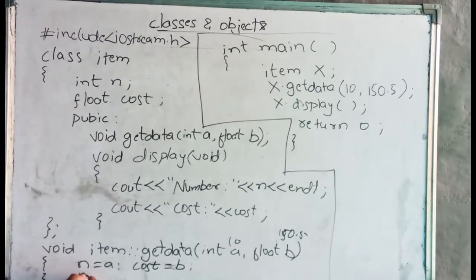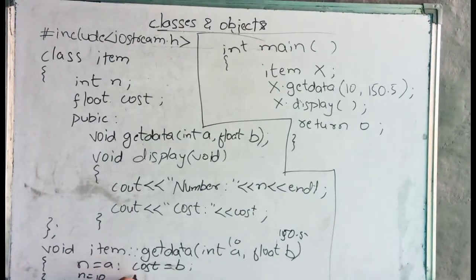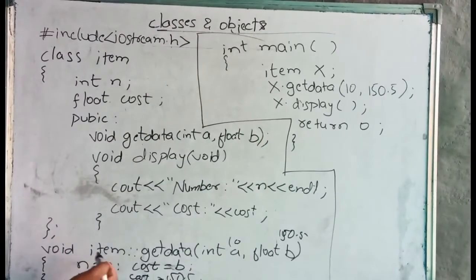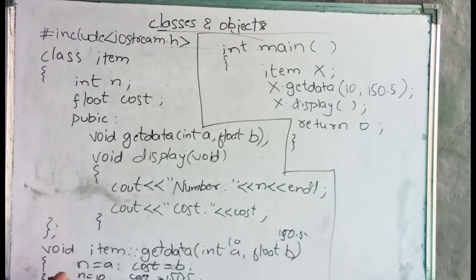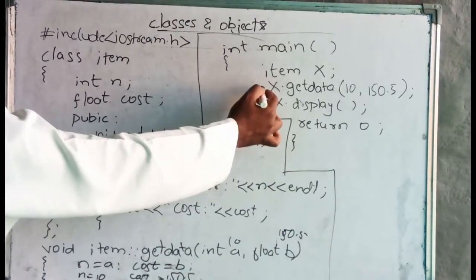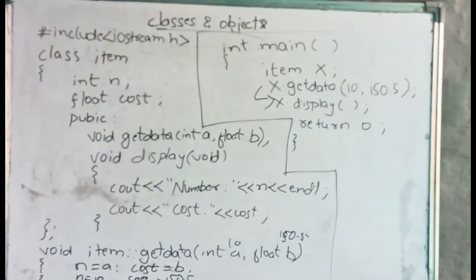So now n is equal to 10, cost is equal to 150.5. Next, once it is executed, there is no return value, it will directly come back. After this, it will execute the next statement.